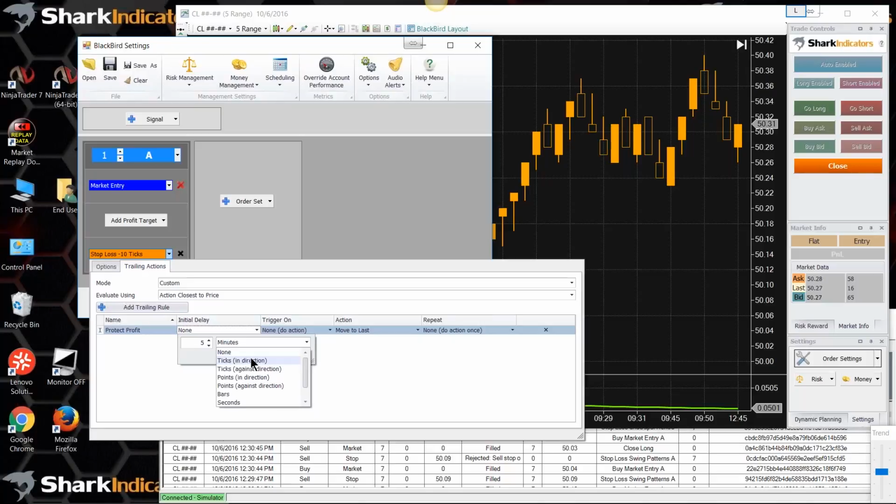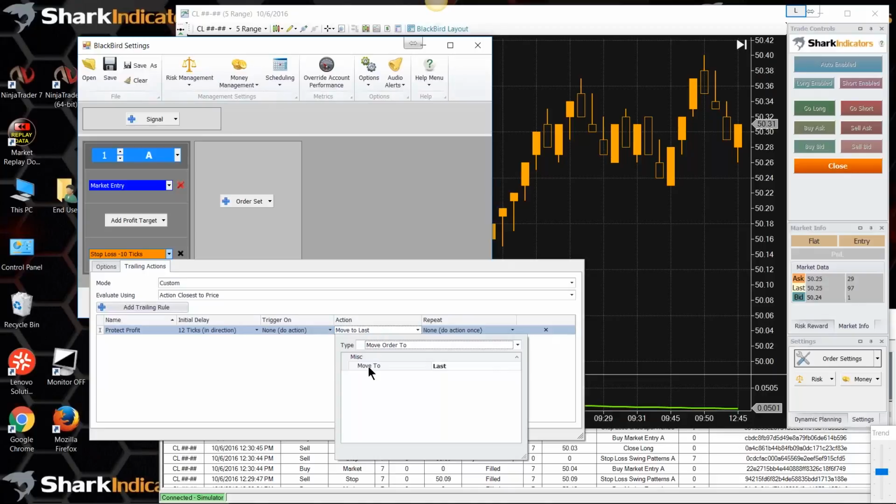So when you get so many ticks in profit, we want to do something. Let's say once we get to 10 ticks, or let's do 12 ticks in profit, then we want to do some kind of action, which would be to move our stop loss so that it protects some of that profit.